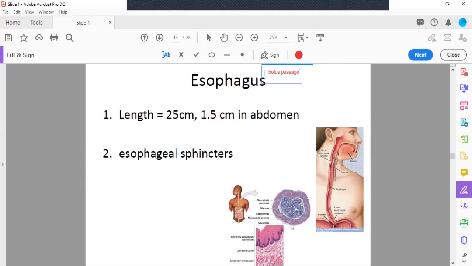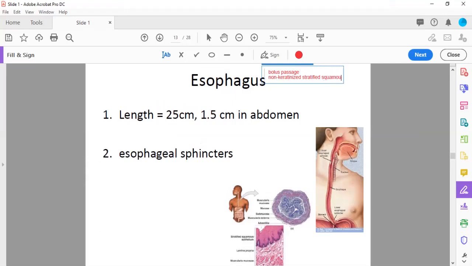And it contains what's known as non-keratinized stratified squamous epithelium. Very good. Excellent.